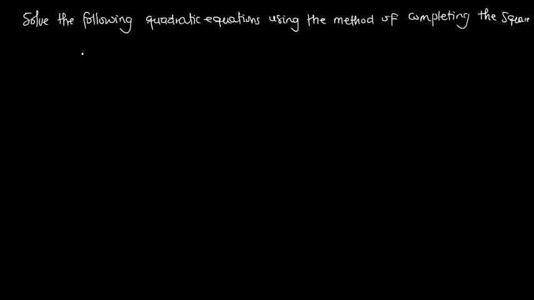Okay, so we have 2x squared plus 4x plus 6 is equal to 0. And then we have 3x squared minus 18x minus 27 is equal to 0.